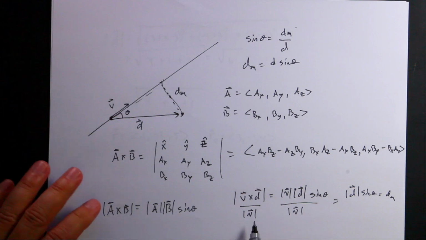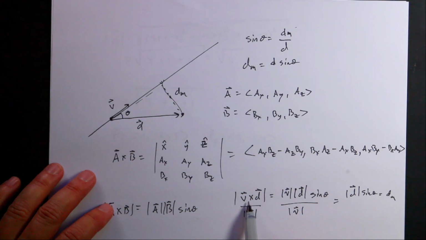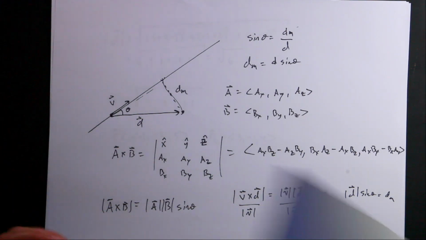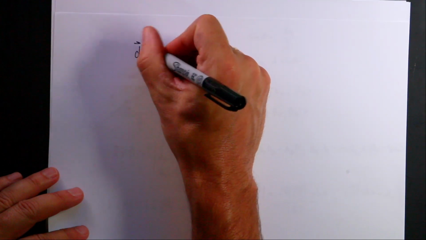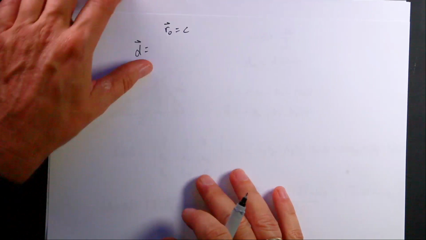Okay, so I'd only need any point on this line. It doesn't matter what point that is, right? Any point. And I need the velocity, the vector for the line. So let's just use the point r0.